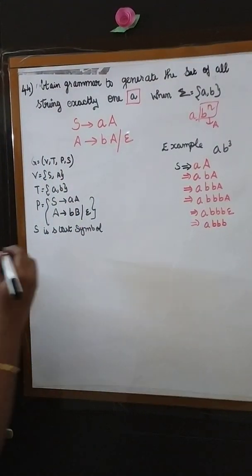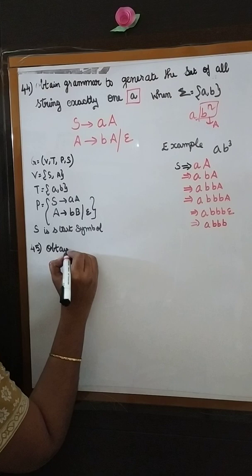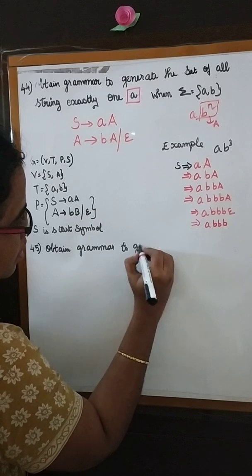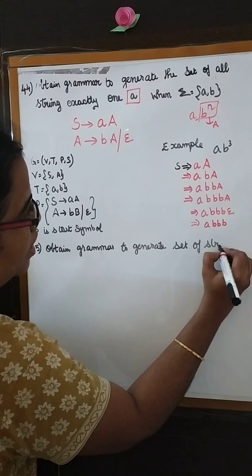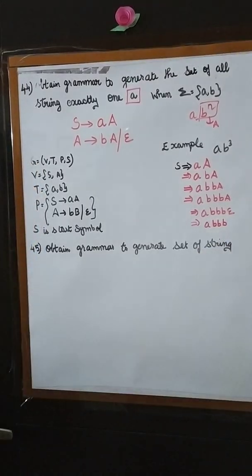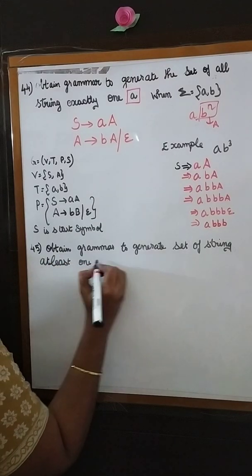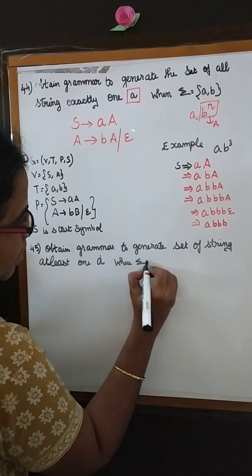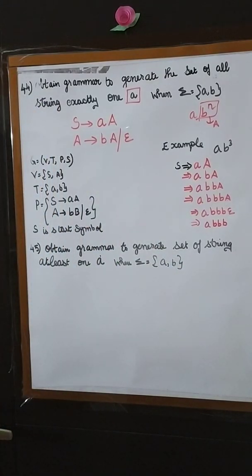Next, 45th question. Same thing. Obtain a grammar to generate the set of all strings with at least one a, when sigma equals a, b. In the previous question they told you that you should have exactly one a.